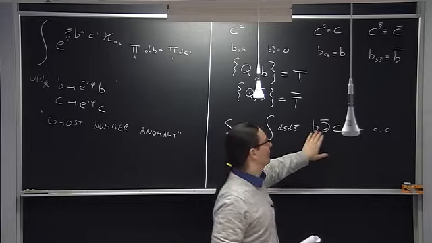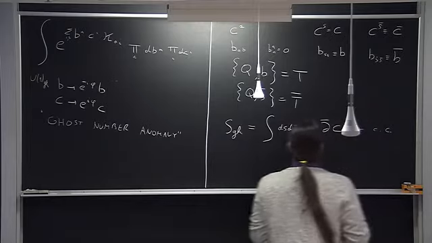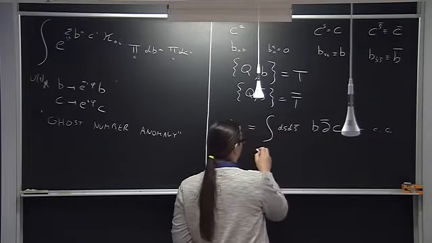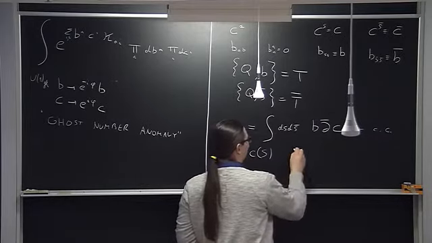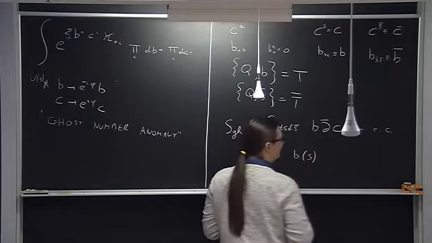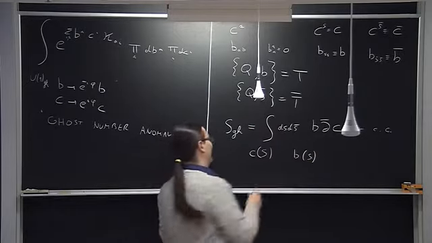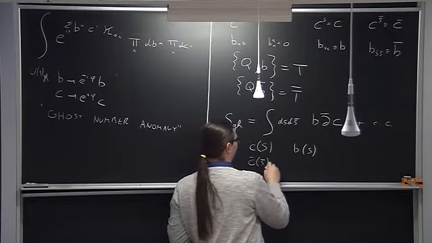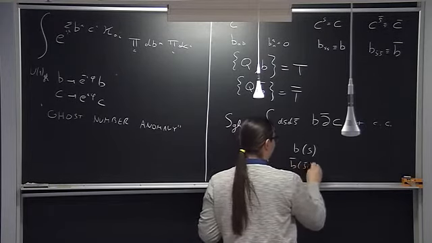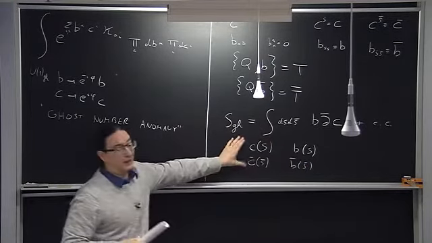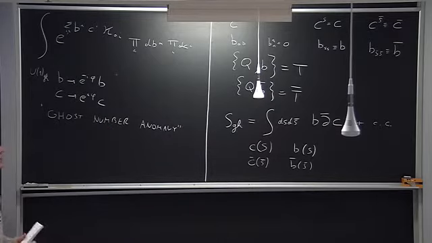And the opposite is true for C bar and B bar. So really you should think about C of s and B of s, and C bar of s bar and B bar of s bar. And we'll describe this field in more detail in a moment.